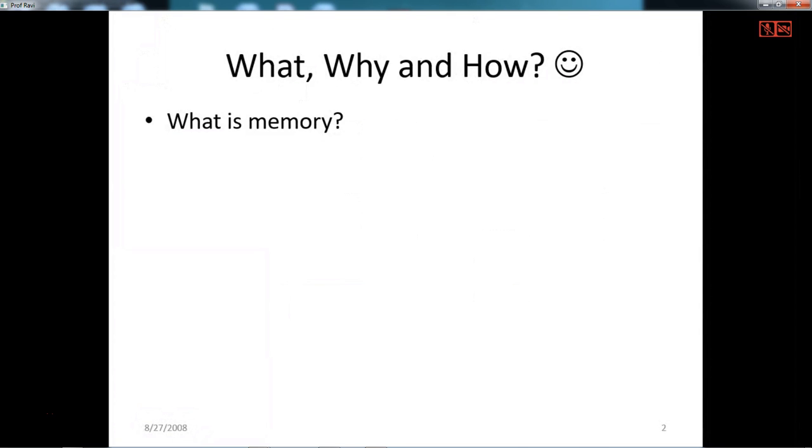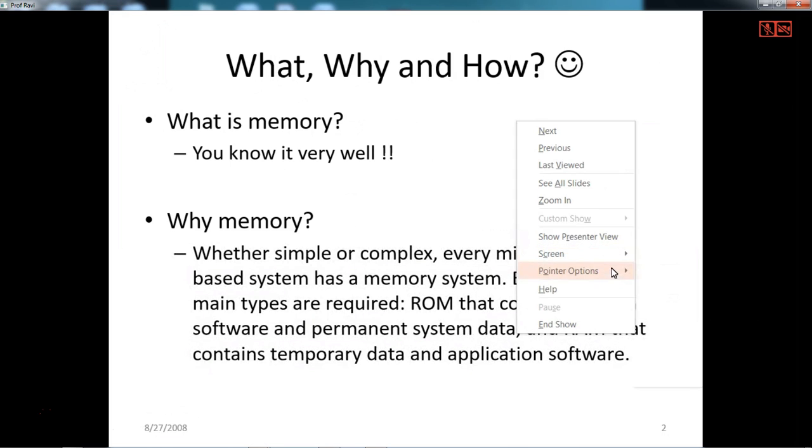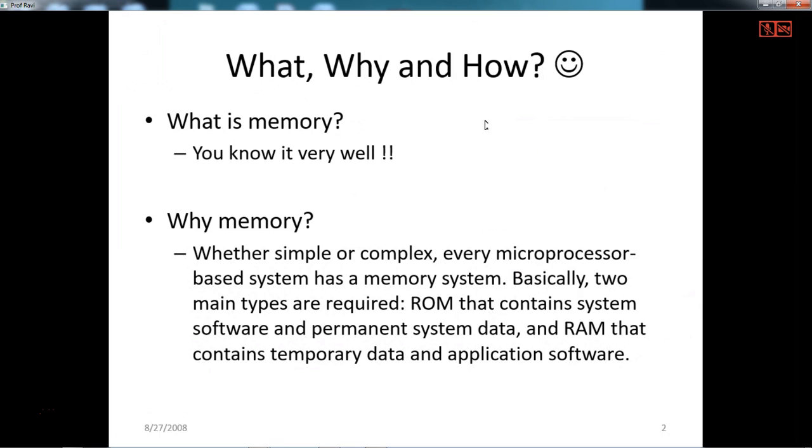Here, what is memory? If it is a programmable system, this is your microprocessor, and here you are going to connect your memory to the microprocessor.